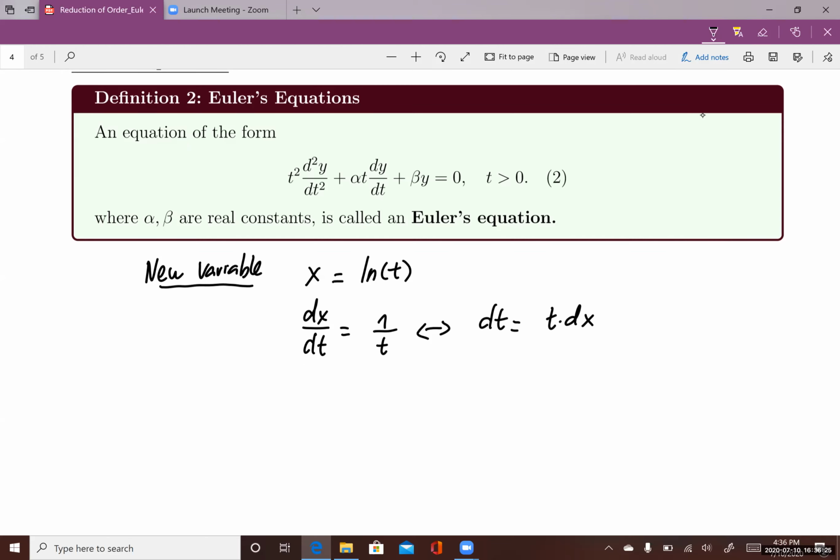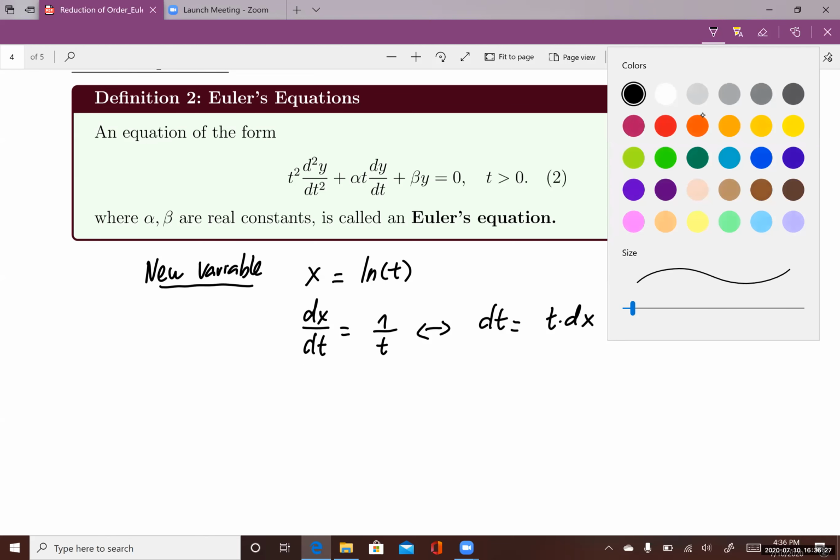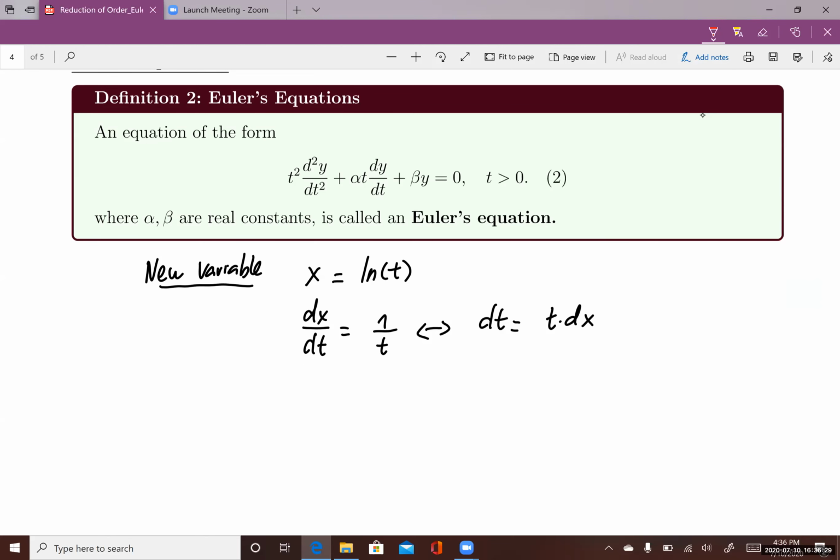Now, from this new variable, we want to figure out what dy dt is in terms of x, because we do have to solve these equations in terms of y.